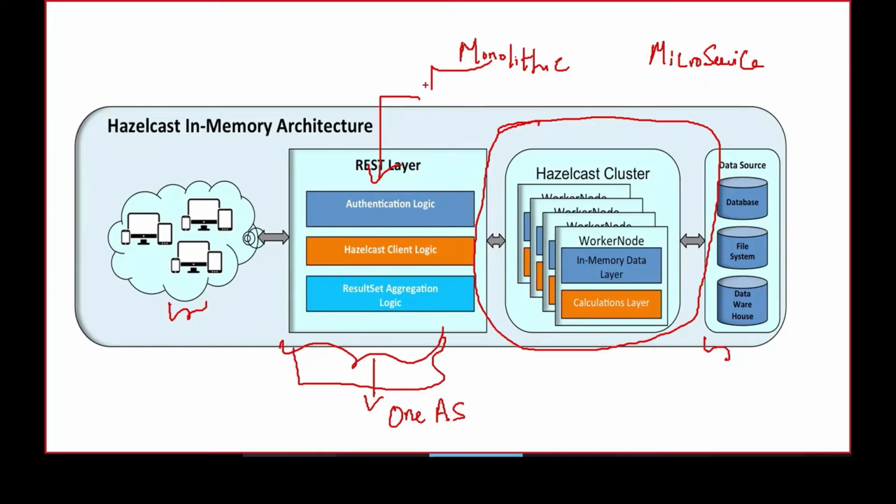So this depicts a monolithic deployment where the cluster is outside the application layer. It is not tightly integrated with the application layer. The cluster works separately, where each member is called a worker node. It has an in-memory data layer and a compute layer as well. So it is fetching or writing information onto the data source, and a collection of nodes are working together to provide data.